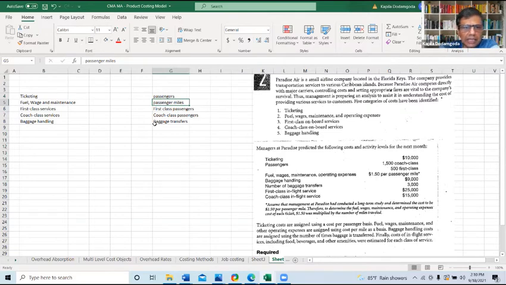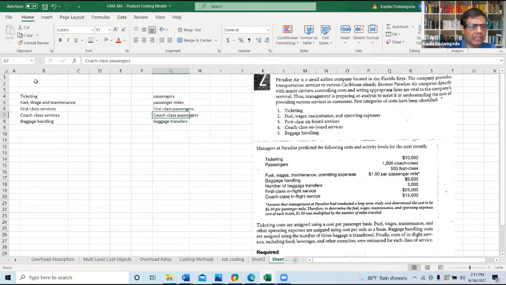So baggage handling is based on baggage transfers, the number of times the baggage is transferred. Finally, the cost of in-flight services, including food, beverages, and other amenities, was estimated for each class of service. So first class services will depend on the first class passengers, and the coach class services will be based on the coach class passengers.